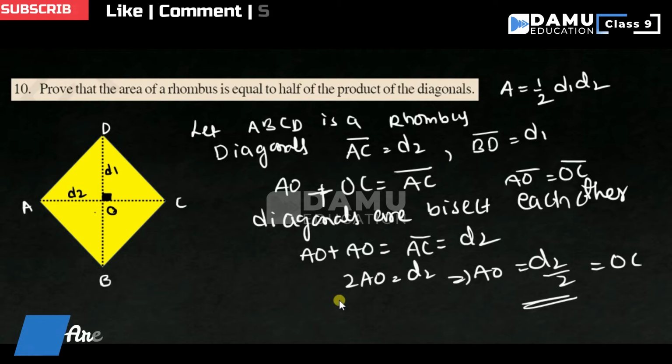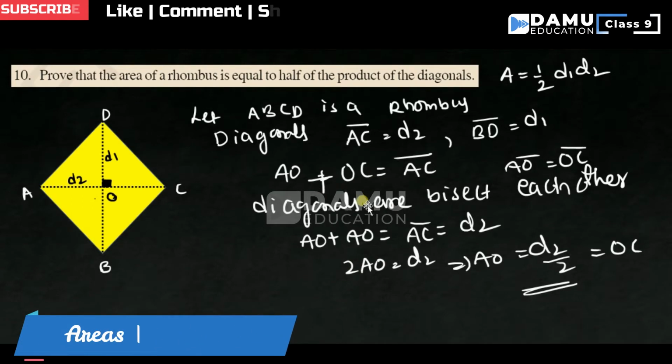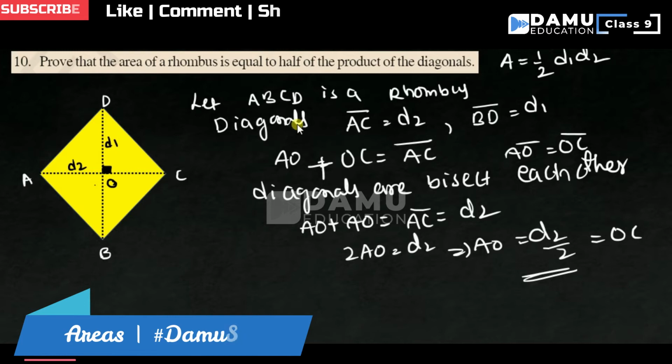Now we are going to find the actual area of the rhombus. Area of rhombus ABCD, we are going to divide this shape into two equal halves: this is the first triangle and this is the second triangle.